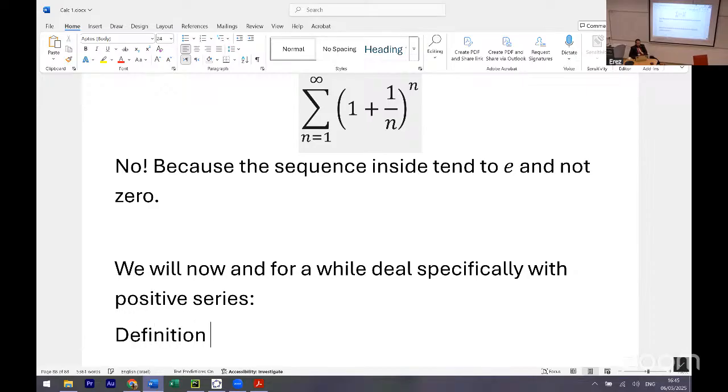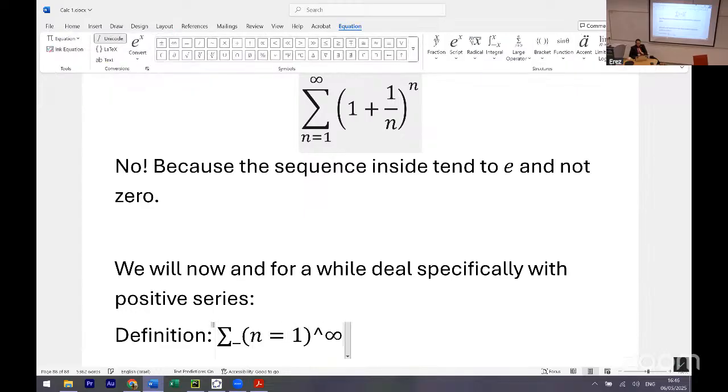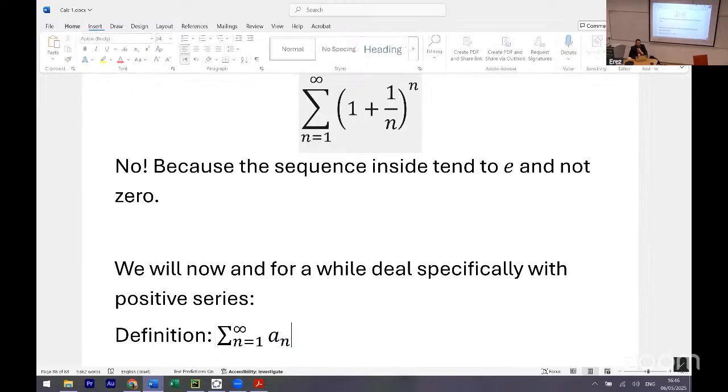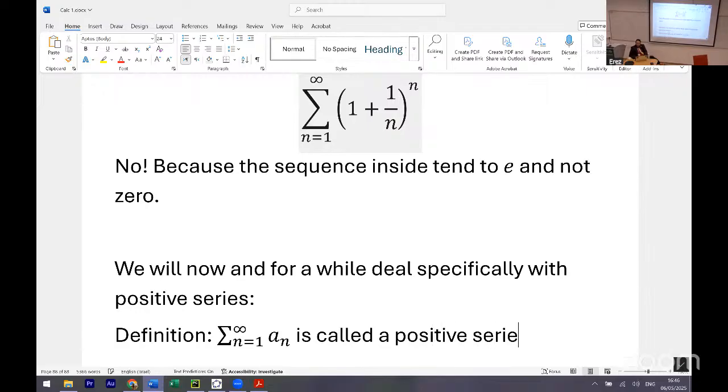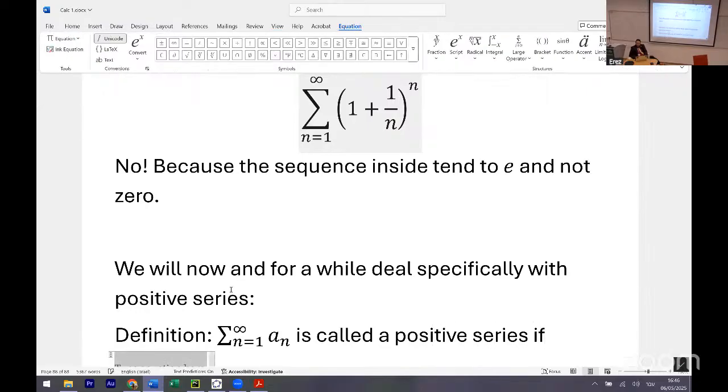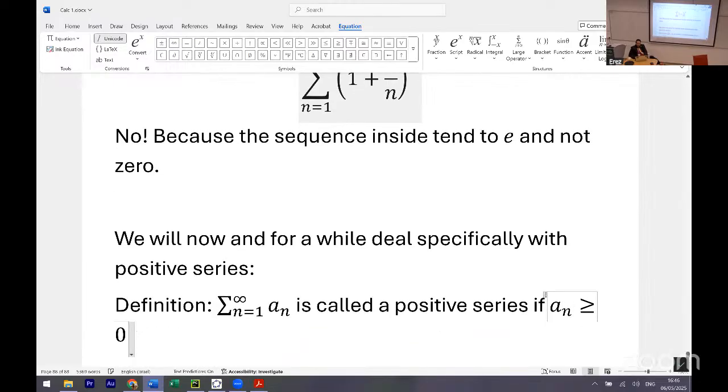Definition: sigma from n equals 1 to infinity of an is called a positive series if an is always larger or equal to 0.